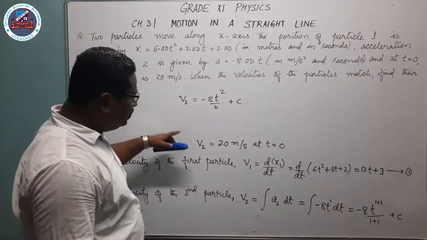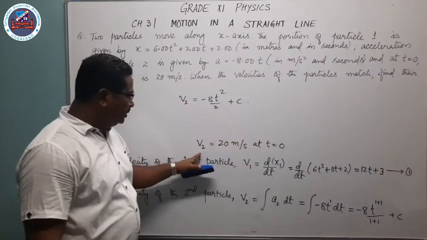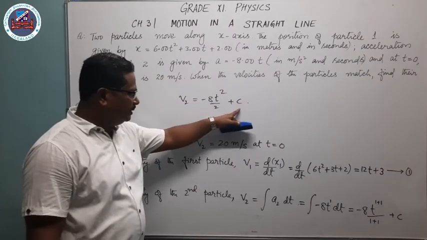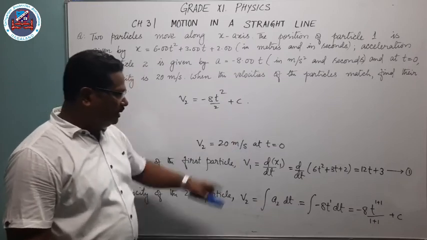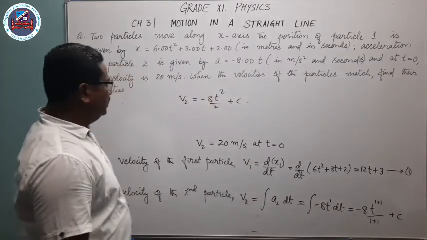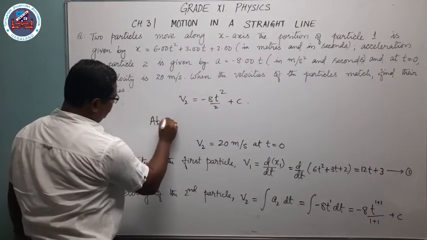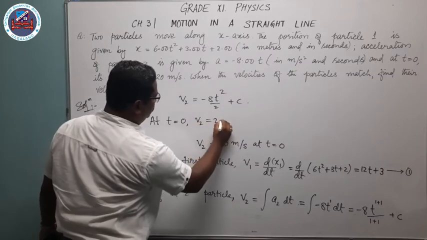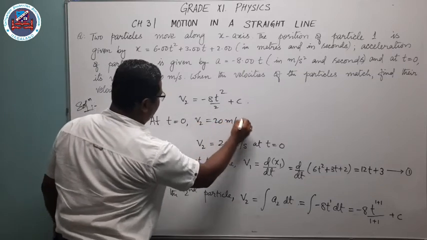So at t equal to 0, v2 is given as 20. So putting the values of t and v2, we will get c. After getting c, we will get the expression for velocity. At t equal to 0, v2 is equal to 20 meters per second.